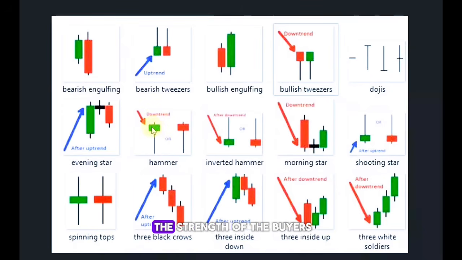And this shows that the strength of the buyers is becoming more than the strength of the sellers. The market is about to reverse to go up.